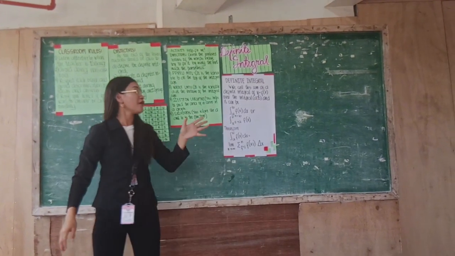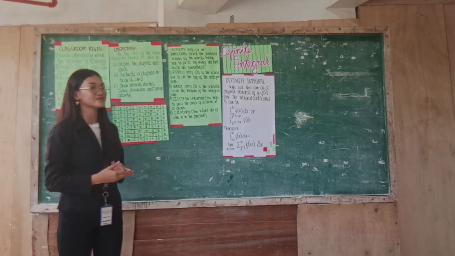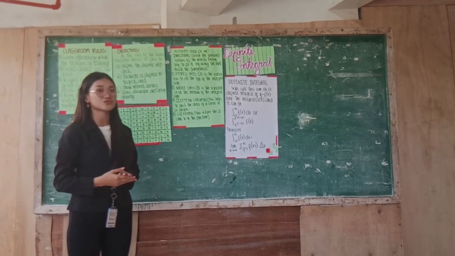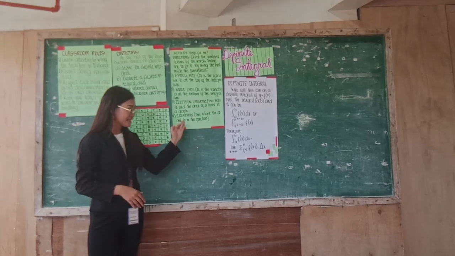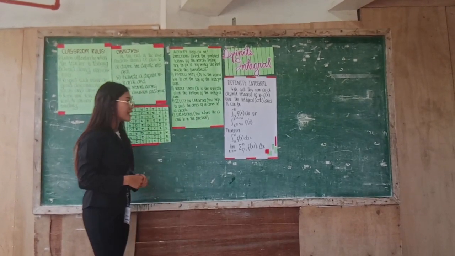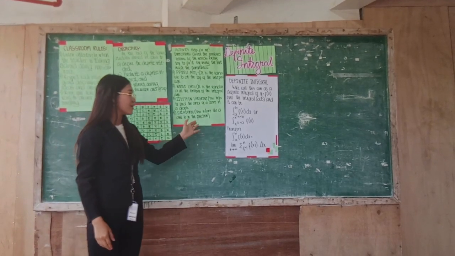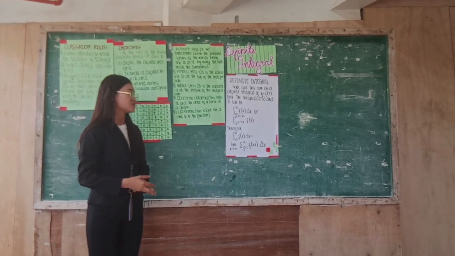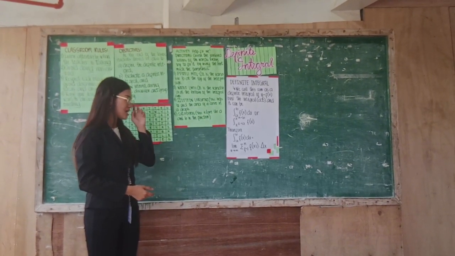Okay, a definite integral. We call this sum a definite integral of y equals f of x, the integral from a to b of f of x times dx, or the limit of the sum as x sub n equals b and x sub 0 equals a of f of x.